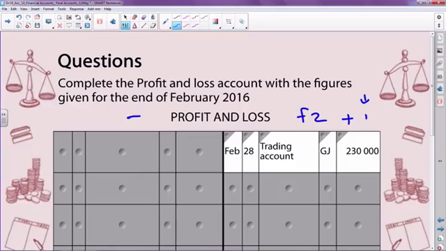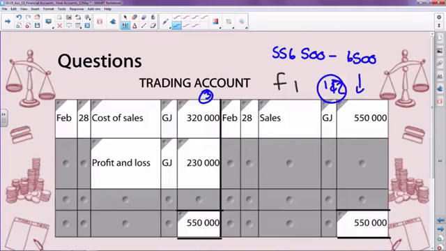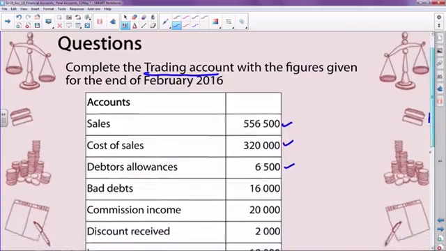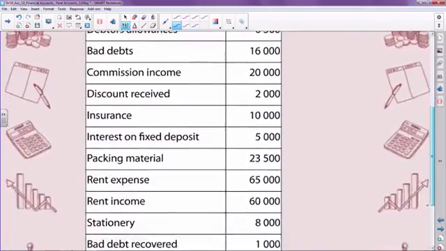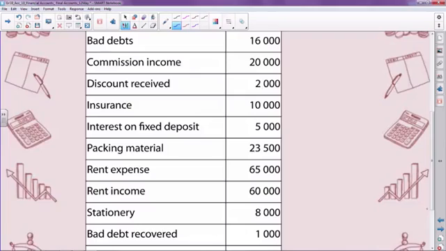All the income goes on the credit side. Now I'm going to give you that list, and this is a tricky list, and there's also a nice trick in this list. So if you look at this list, you need to close off all of these accounts. Start with the bad debts. You need to close off all of these to the correct side of your profit and loss account. I'm going to give you 3 minutes to do it quickly.